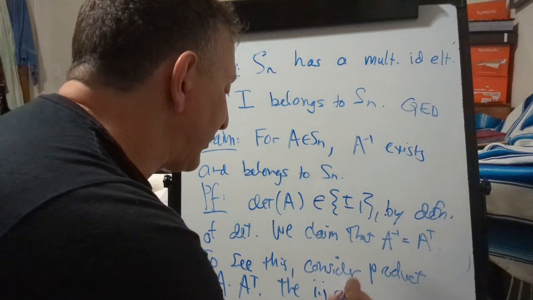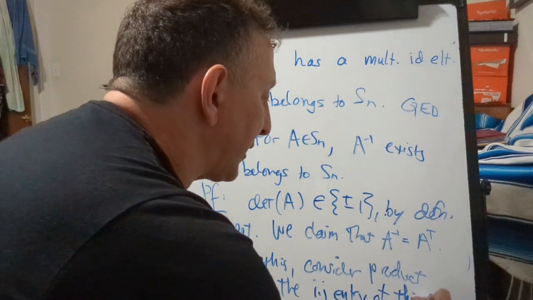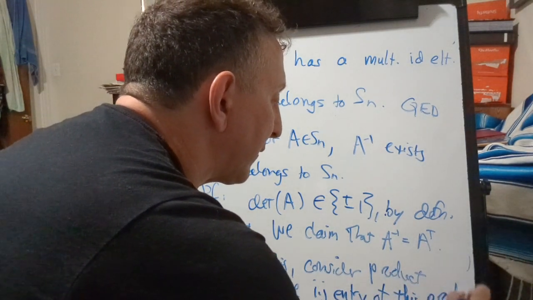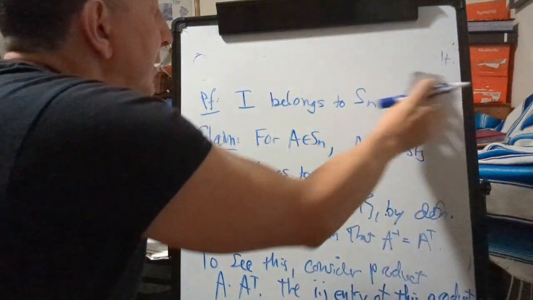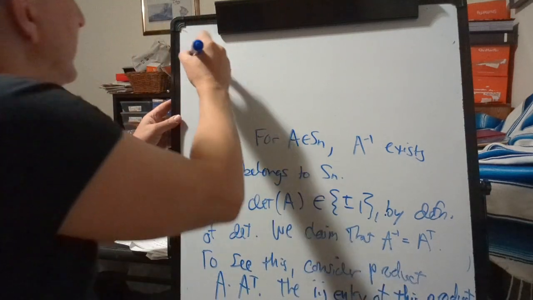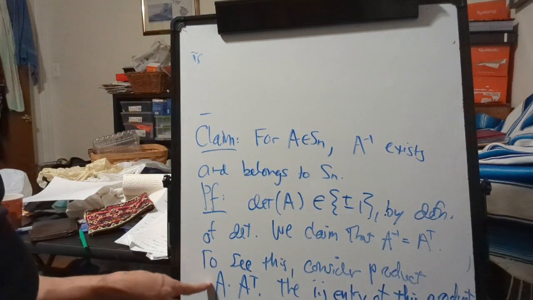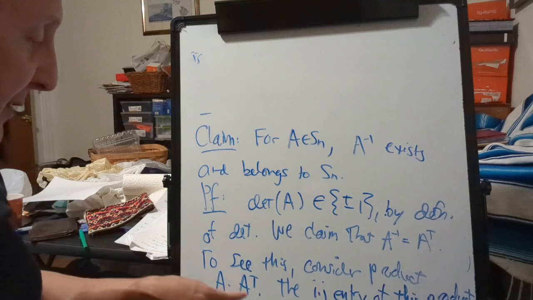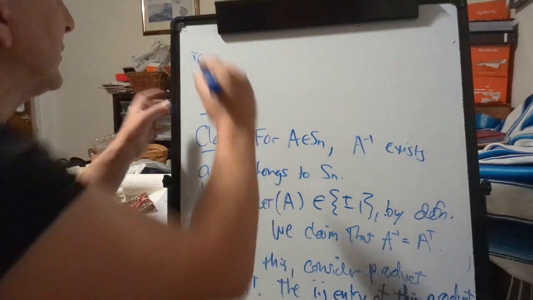The ij entry of this product is the ith row of A dotted with the jth column of A transpose.